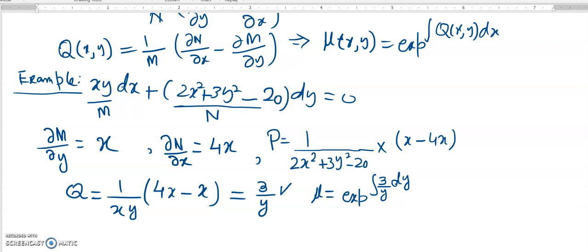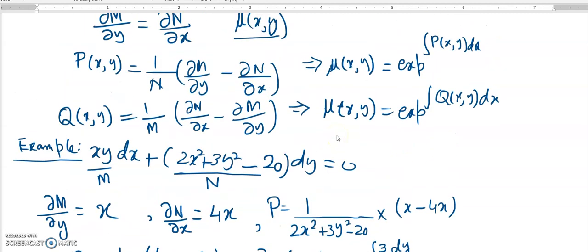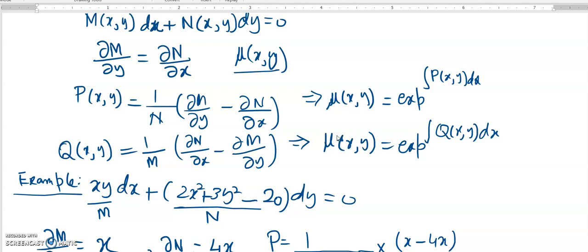In fact, I think I made a small mistake. For these integrating factors, in the first option you integrate with respect to x, and in the second option you integrate with respect to y, and that will likely be the situation in all the questions.